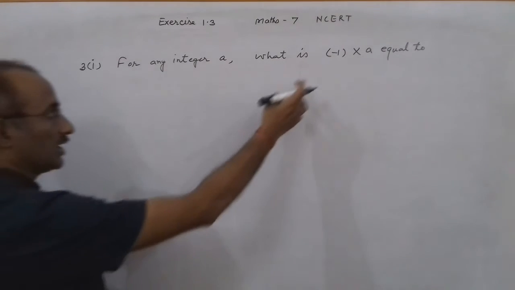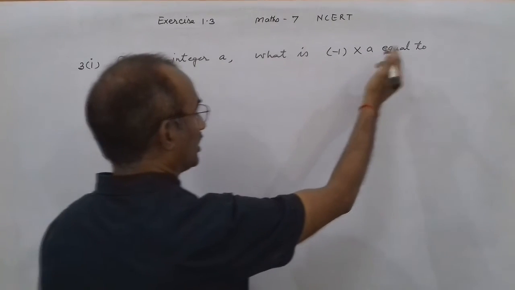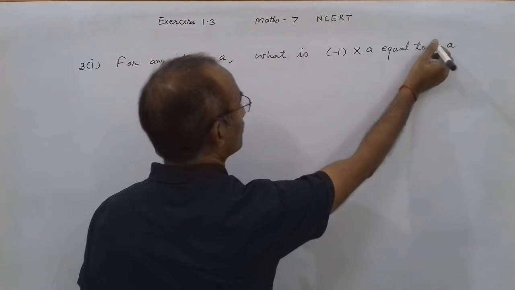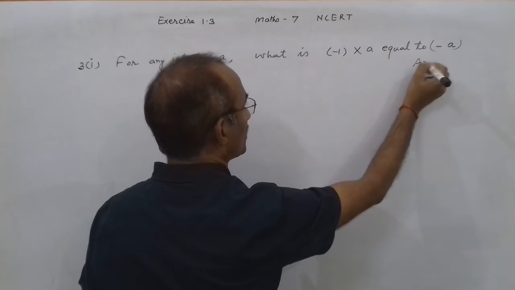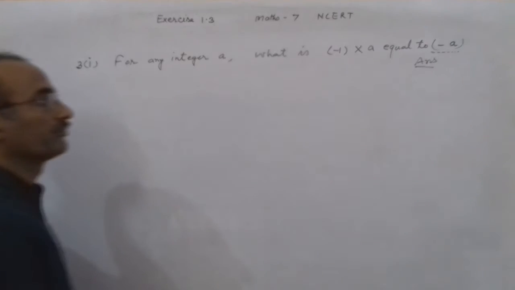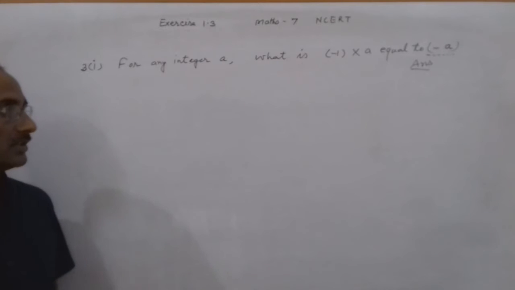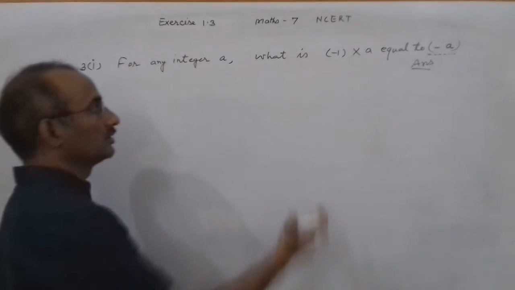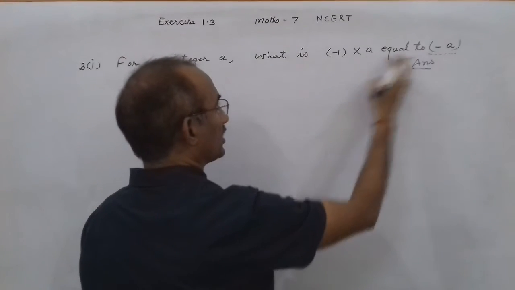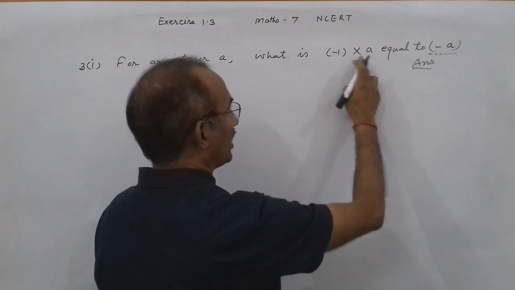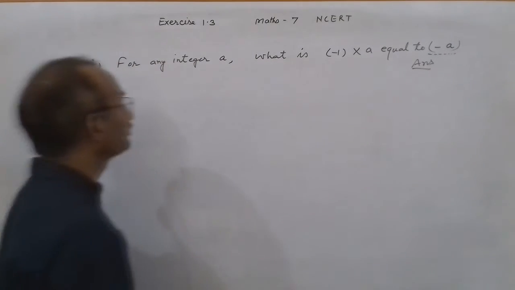When -1 is multiplied with a, we get minus a. So this is our answer. Product of a negative integer and a positive integer, we get a negative integer.